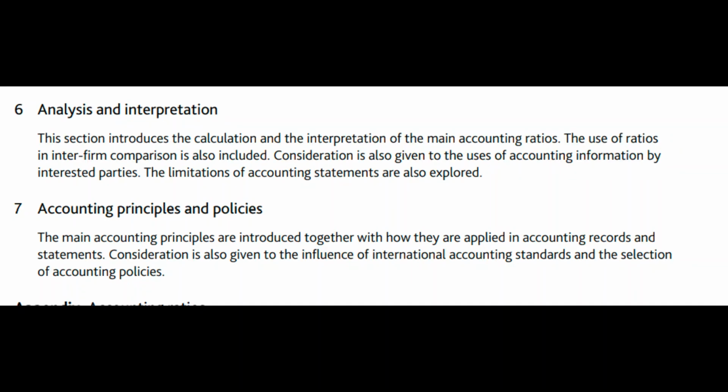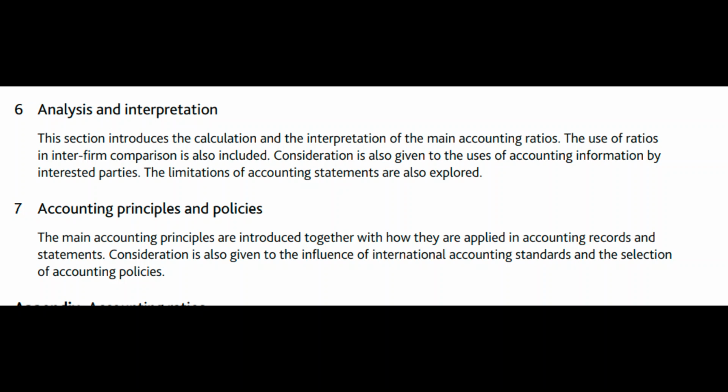Section 6 is about ratios calculation and their interpretation. This particular section is relatively easier as it is already part of business studies syllabus and students do it there in much more detail. Yet they find the commenting part quite challenging, which should not be the case if they have acquired the proper knowledge of structuring their answer.